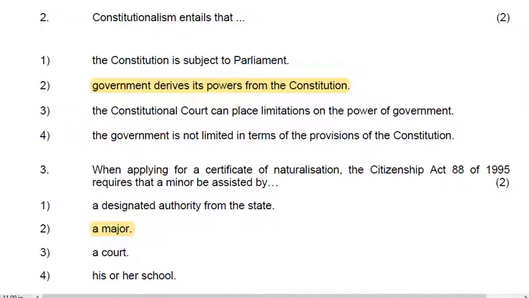The second question says, constitutionalism entails that, the answer is 2. Government derives its powers from the Constitution.